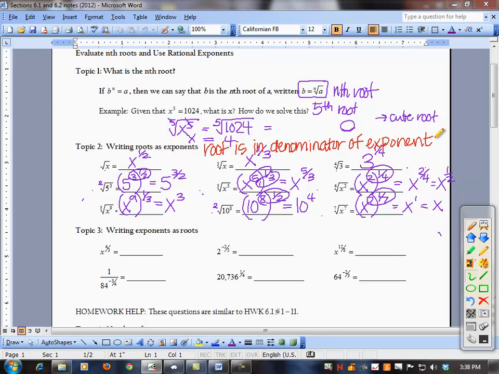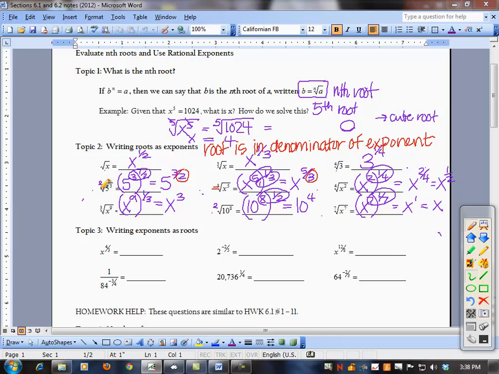So if you look, like here, 3 was the root that was outside, or 2, it was a square root outside. And so we want you to keep in mind that denominators of exponents are the roots. And that's important because we're going to now ask you to go backwards.